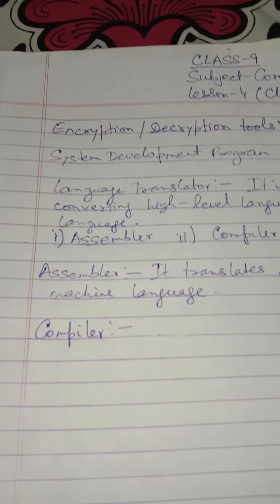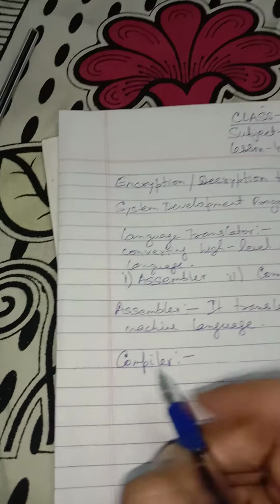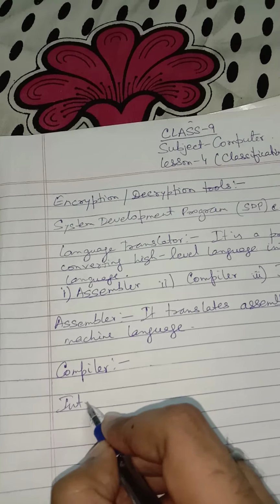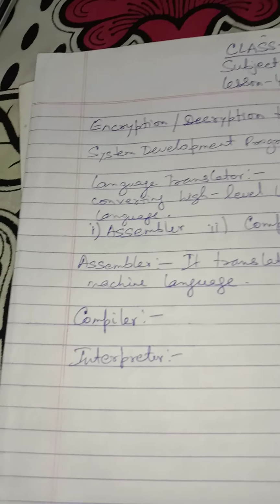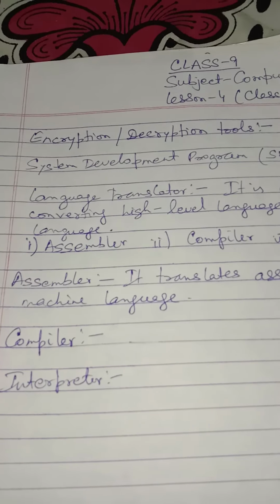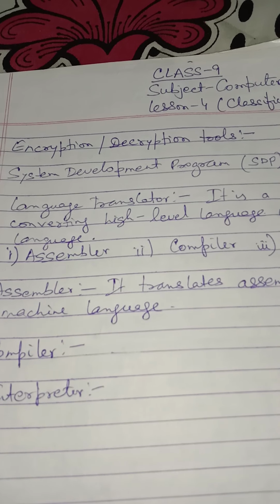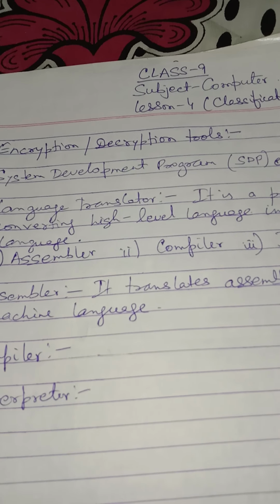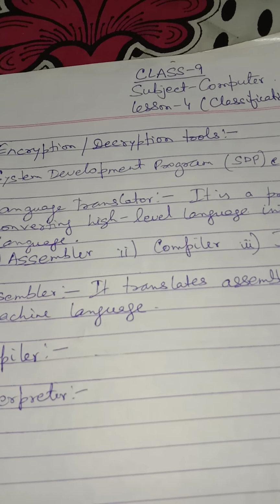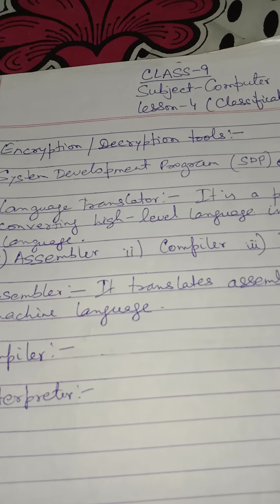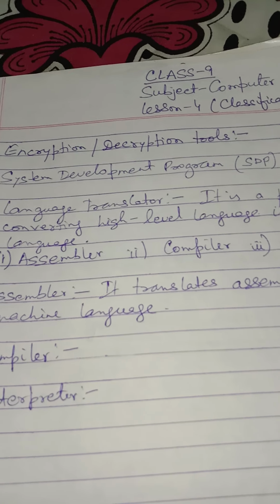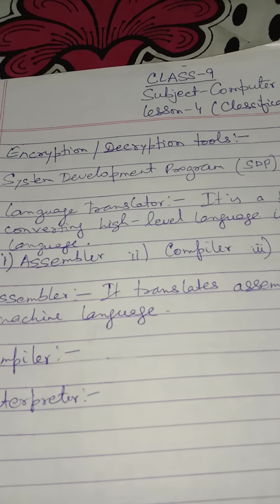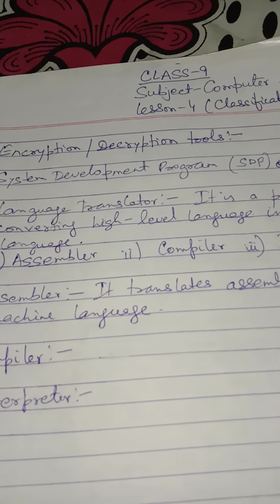The third language translator that we have is the interpreter. The interpreter is also a language translator, but the basic difference between the compiler and interpreter is that the compiler translates the whole program in one single go if the program is error free, whereas the interpreter takes a single line, checks if the line is error free, and then converts it into machine language.